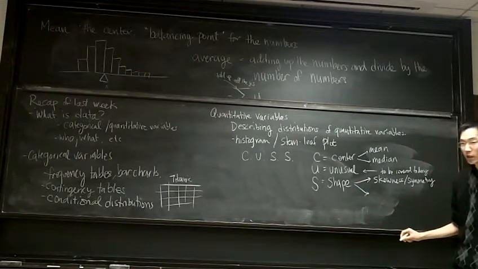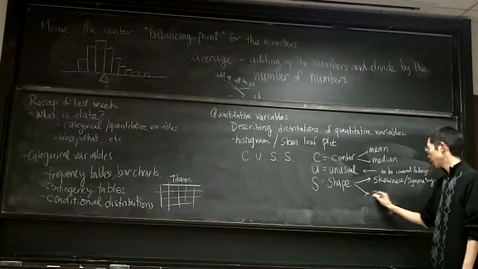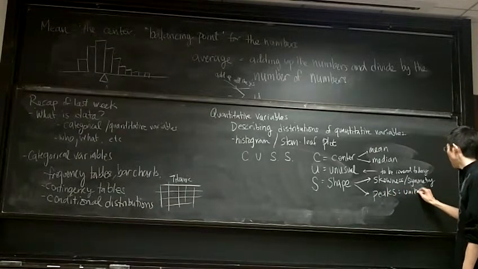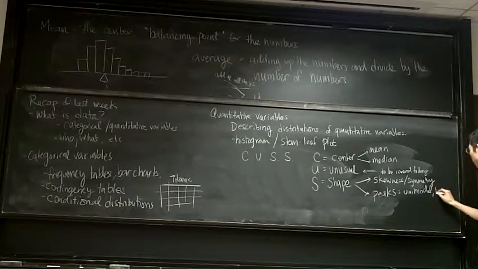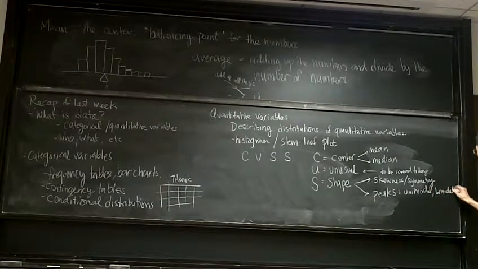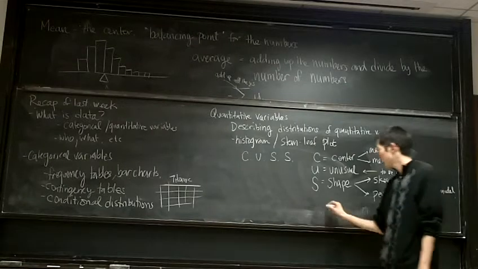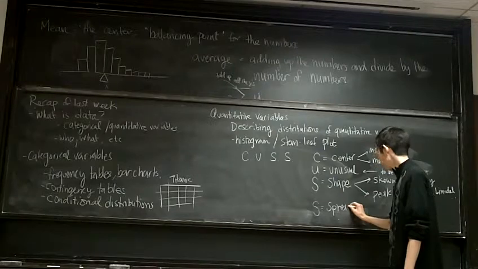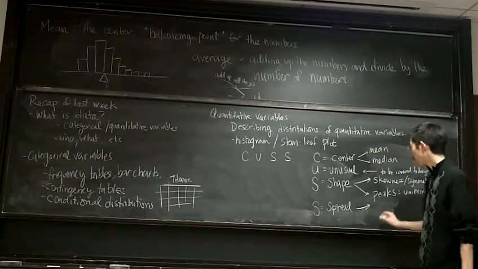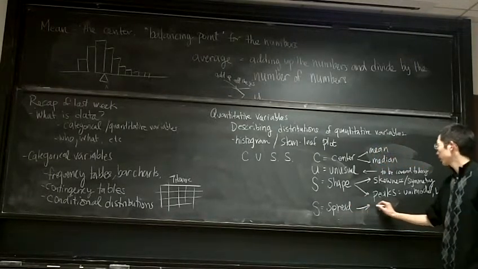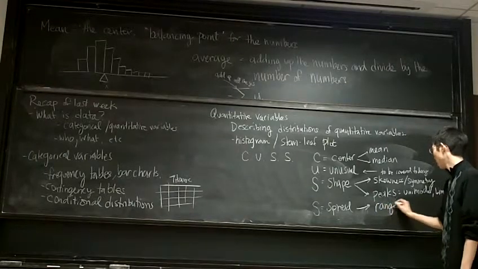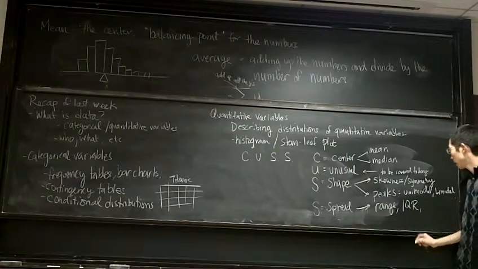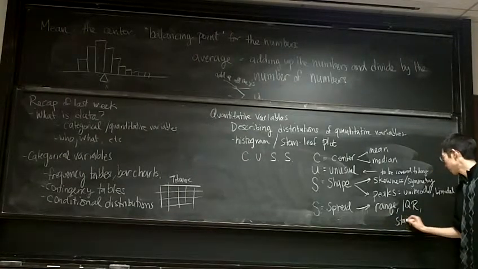And then we have descriptions about how many peaks we have: unimodal, bimodal, etc. And the final S that we have to talk about is spread. Regarding spread, we have things like the range, the interquartile range, and today I have to talk about the standard deviation.